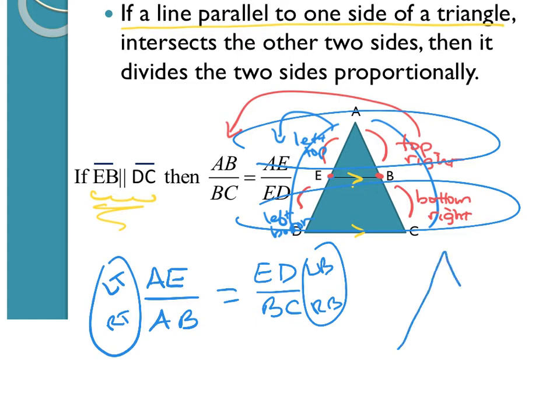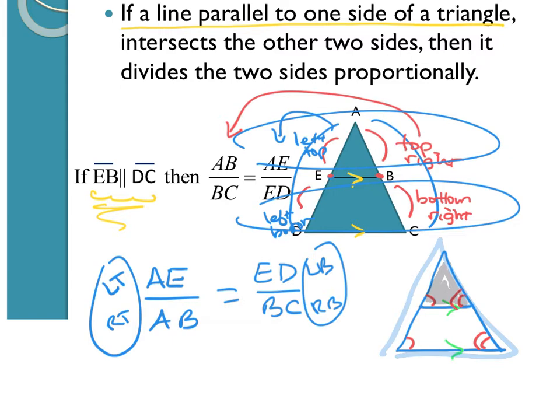So for example, let me redraw the triangle here. If we're told that these two sides are parallel, then that tells me that I've got corresponding angles here and here. So by my angle similarity postulate or theorem, I know this little one is similar to the big blue one because I do have two angle pairs that are congruent.